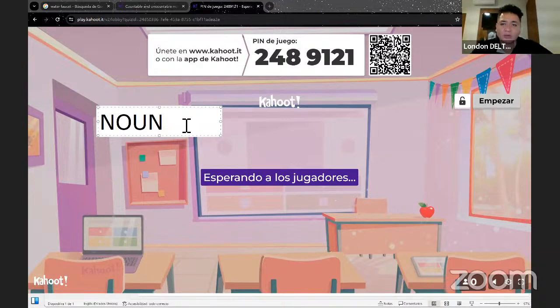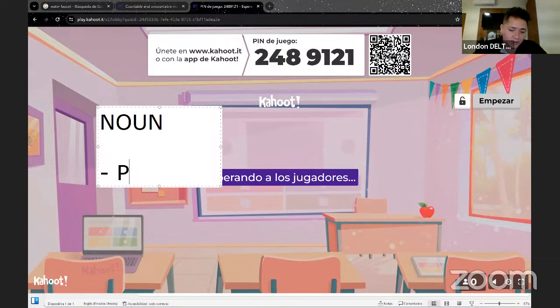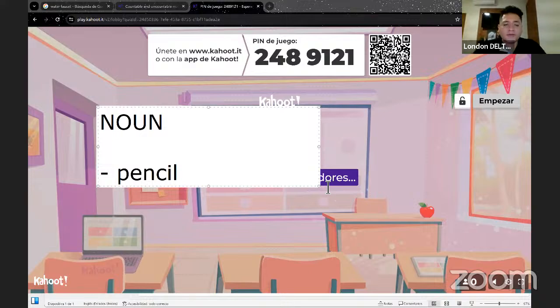Todos esos son sustantivos, cosas que se pueden nombrar, right? So, I told you some examples. We have, I don't know, the word pencil. Pencil, for example, is a common noun, es un sustantivo común, porque los sustantivos comunes no llevan mayúscula.